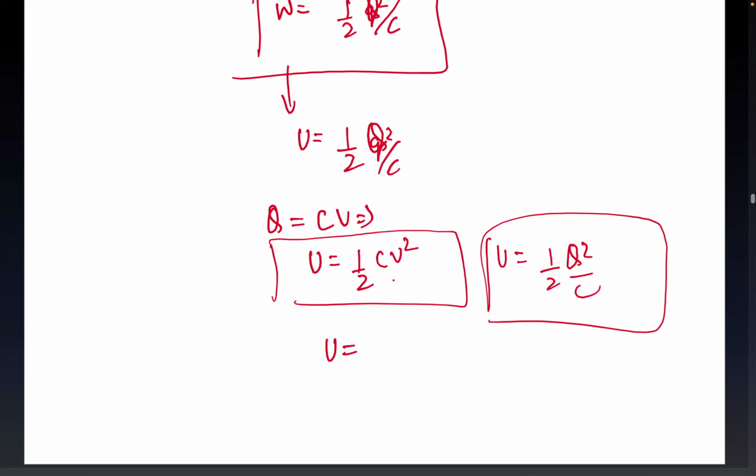Or instead of potential, you can put the value. Let's put C as Q by V. When you put C as Q by V, what are you going to get? Half QV. These three relations are there. Is that clear?